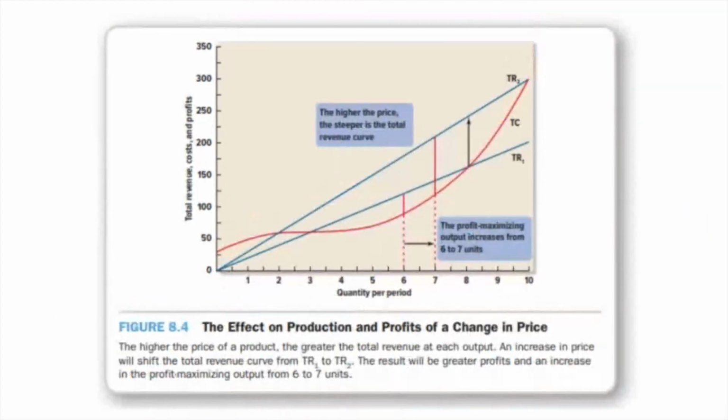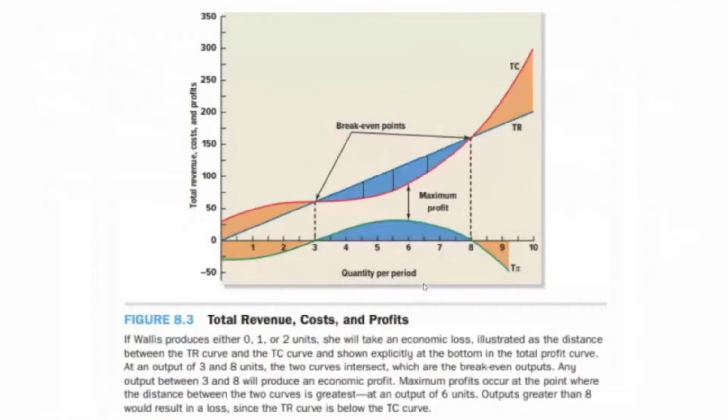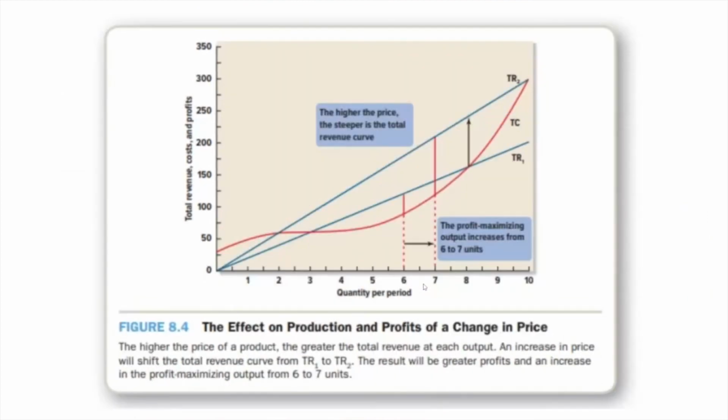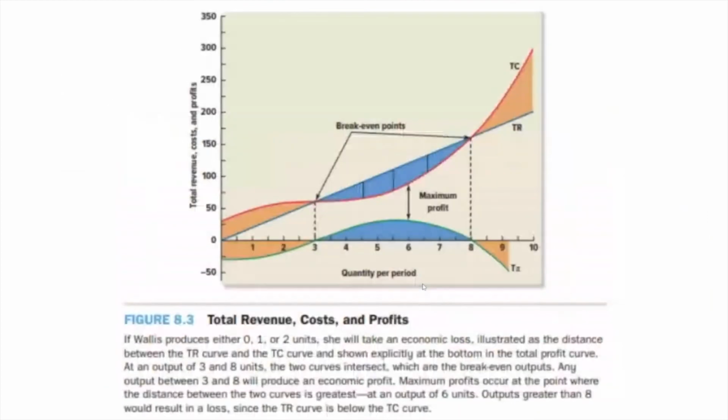So that basically is that first type of approach. That first type of approach looks at this idea of seeking profitability based on simply taking our total revenue and subtracting our total cost to get our profit.